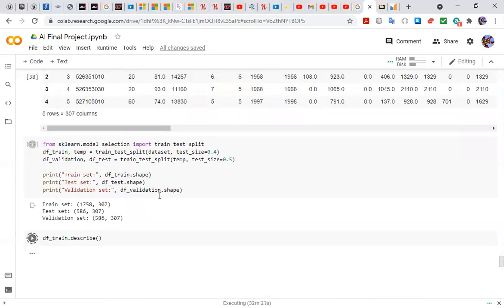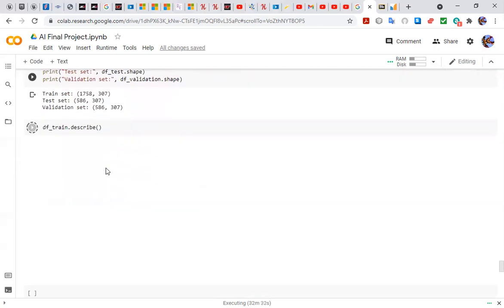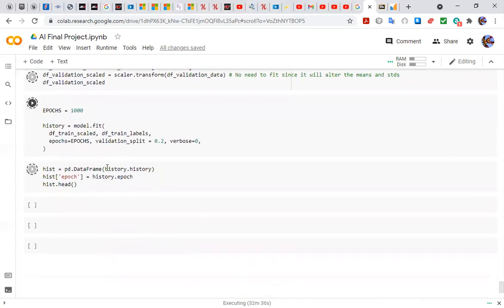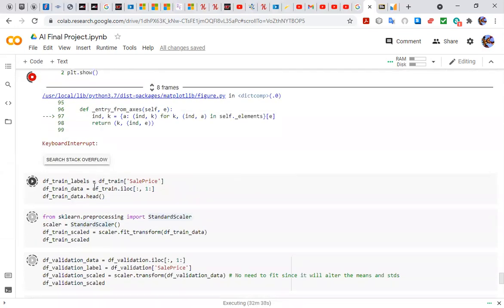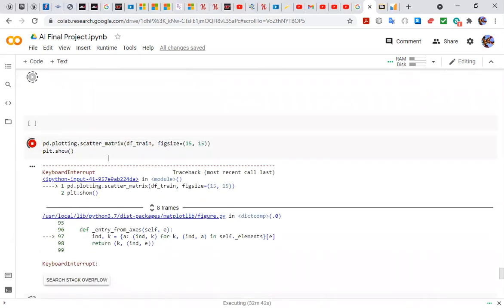But moving on, I tried to fit another manual model for the train test split, and that worked out. This is the data here for that. But my project further froze and I cannot get the scatter matrix to run, and it's been hours.